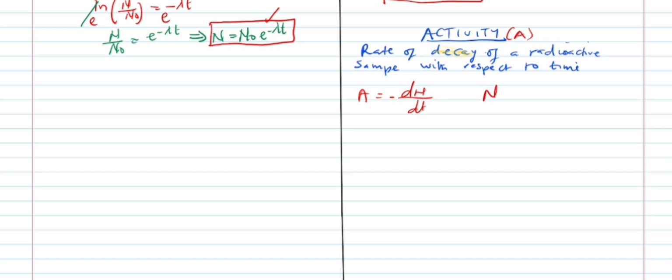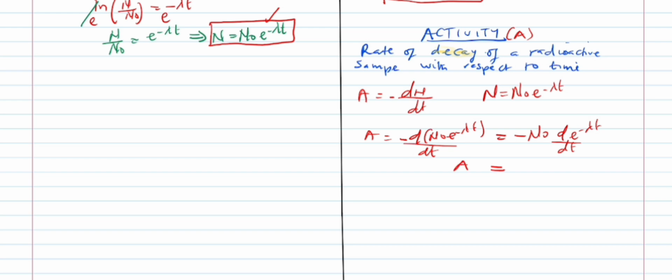And we know that N is equal to N naught e raised to power negative lambda t. So we can then say that the activity is equal to negative d/dt of N naught e^(-lambda t). The N naught is a constant, so we can bring that out to have minus N naught d/dt of e^(-lambda t). On integrating this, we're going to have minus N naught times negative lambda e^(-lambda t).